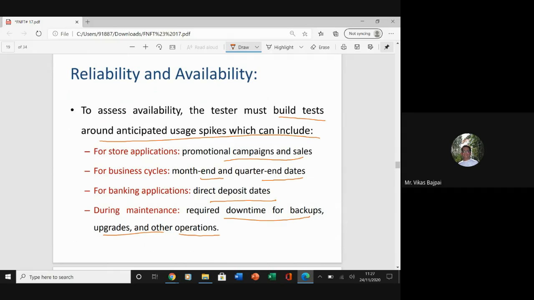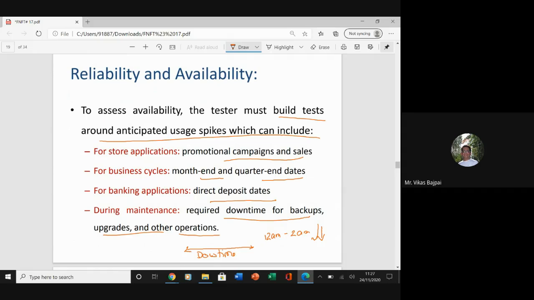Right. Most of the time, you might have observed on the web portals of your internet banking services, for a maintenance activity, you see a downtime message scrolling to declare that, okay, today from 12 a.m. to 2 a.m. the system will be down for some maintenance and upgradation activities, right?